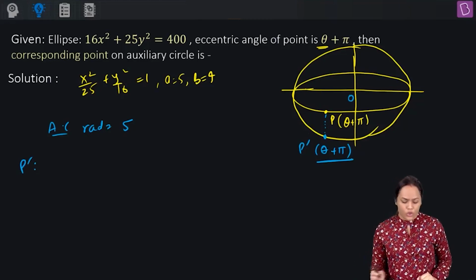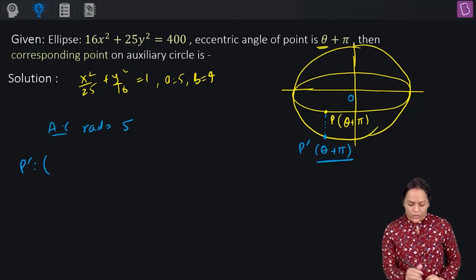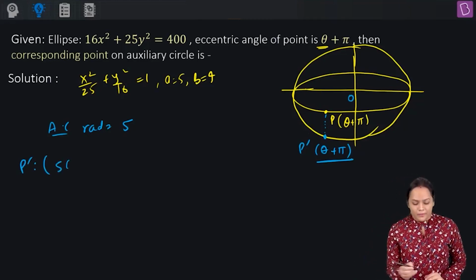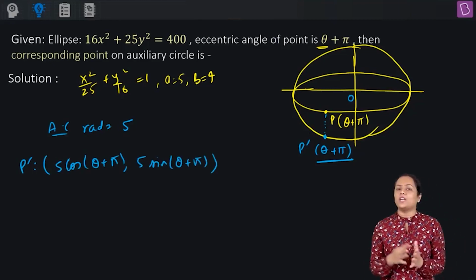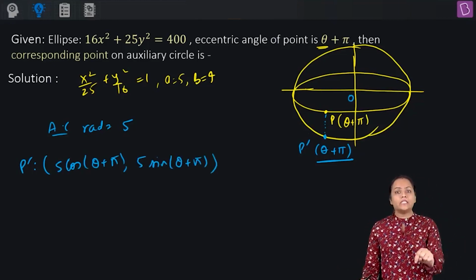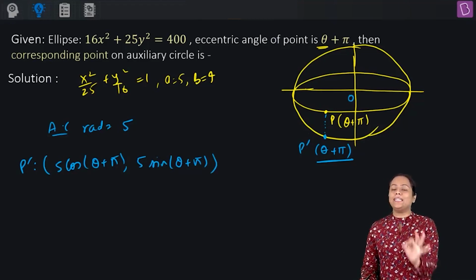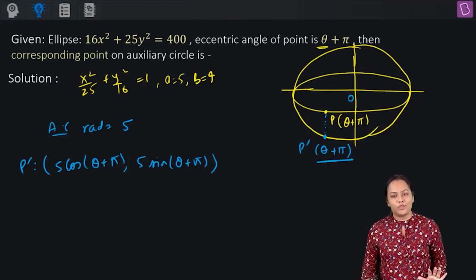You know the parametric coordinate. It is r cos the parametric angle, that is r cos(theta plus pi), comma r sin(theta plus pi). Isn't it? r cos theta, comma r sin theta. Well, here the theta is actually theta plus pi. That is the parametric angle.